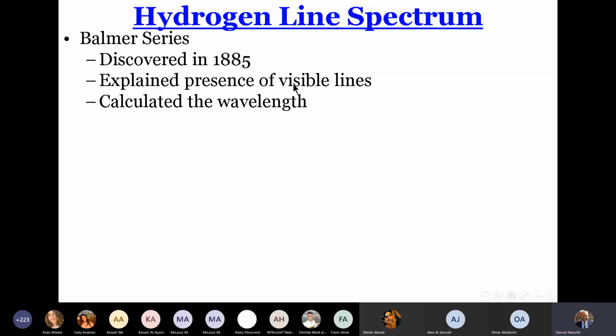So now the question is how to calculate the frequency of the radiation emitted.